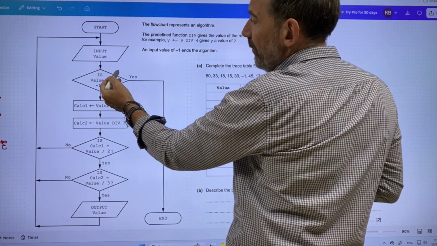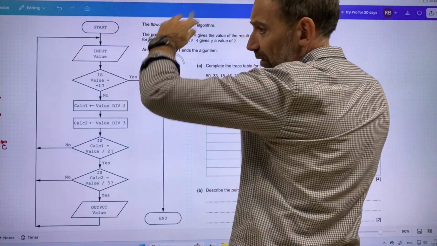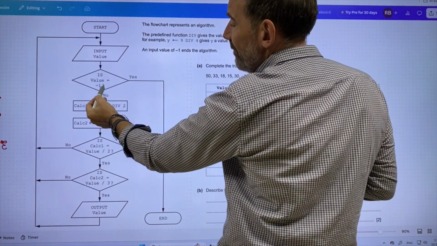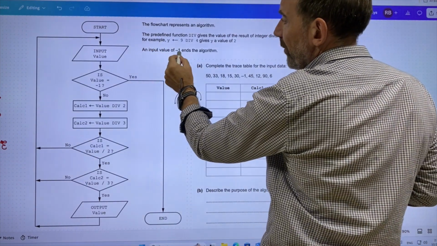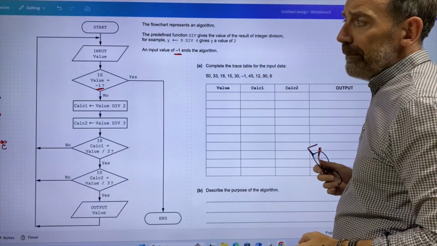So we input a value. First of all, we've got an input box. You can see here the parallelogram. Is the value equal to -1? This is what this bit is about. This bit here is basically relating to that bit there.